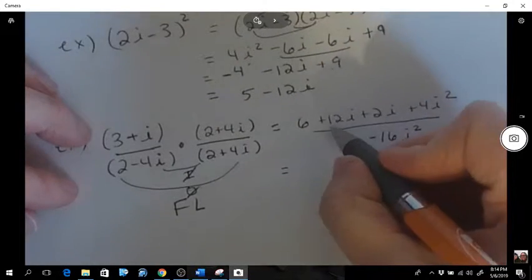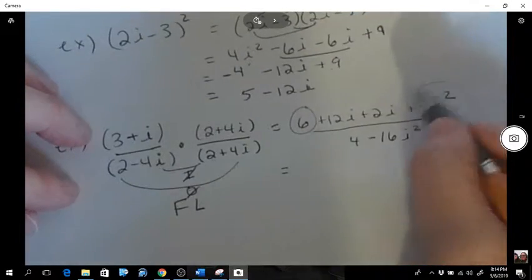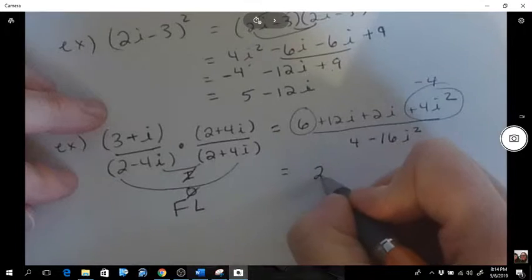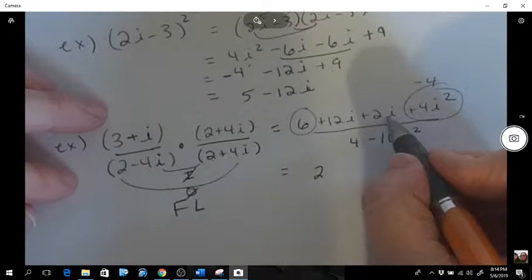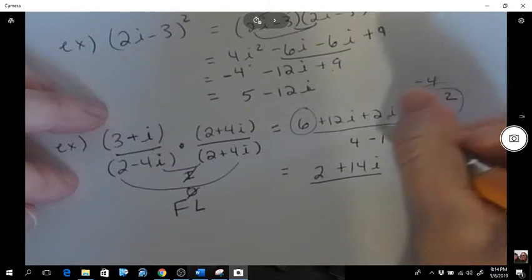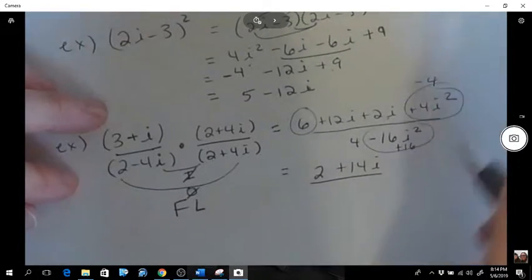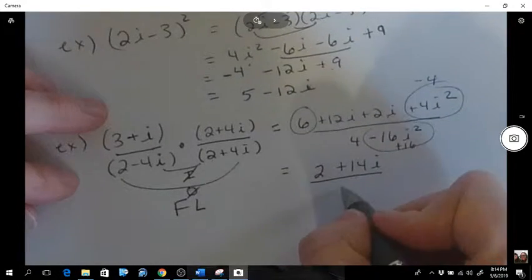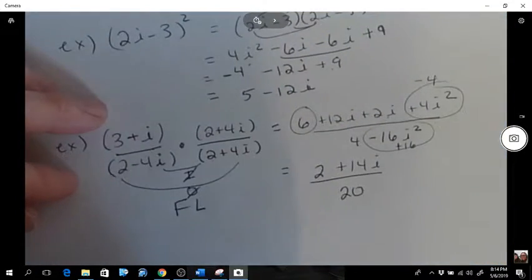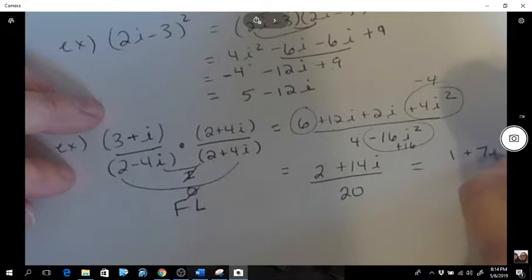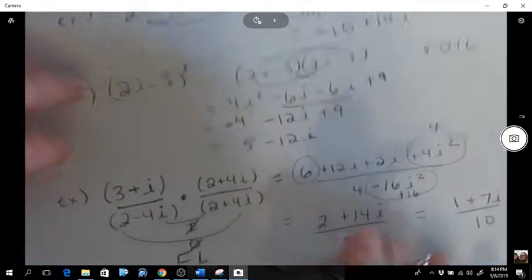Okay. So this, and then this is a minus 4, right? Because of the i squared, becomes a 2. And 12 plus 2 together make 14i. And then this becomes the opposite because i squared negates it. So 20. If you really want, you can simplify by dividing everything by 2.